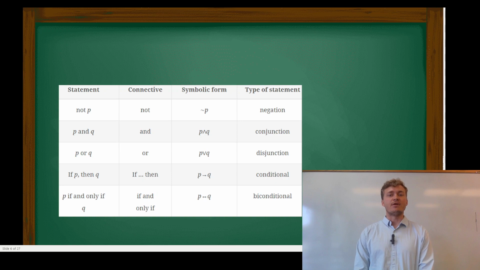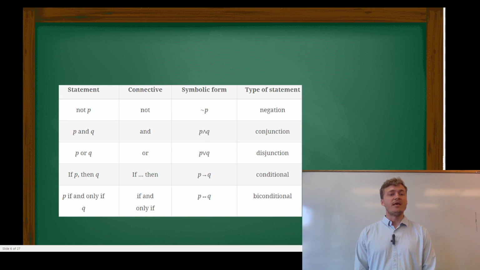This type of statement is called a conjunction. The or connective uses the same caret symbol flipped upside down, what looks like a capital V. This type of statement is a disjunction. An if-then statement will be denoted using an arrow that points only in the right direction. This is called a conditional statement, an if-then statement.